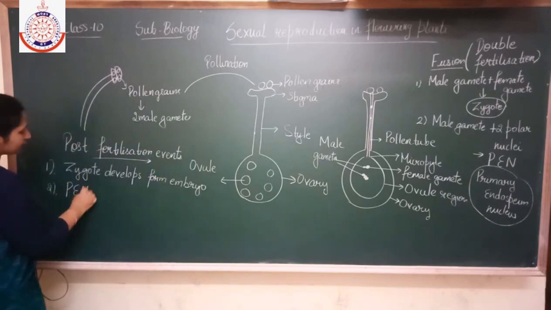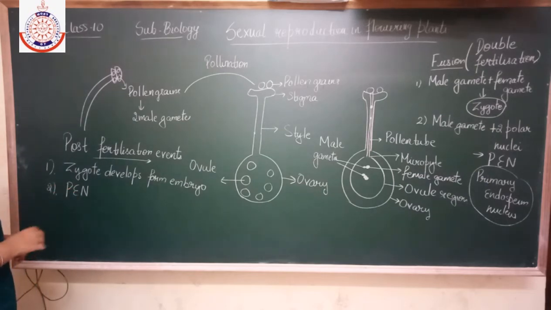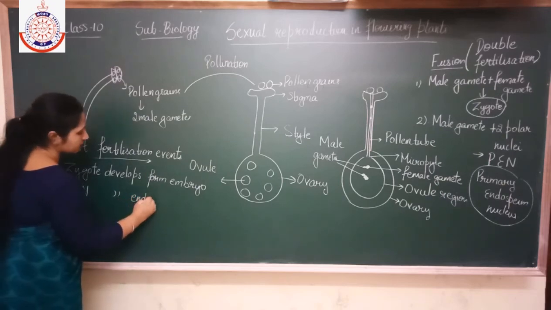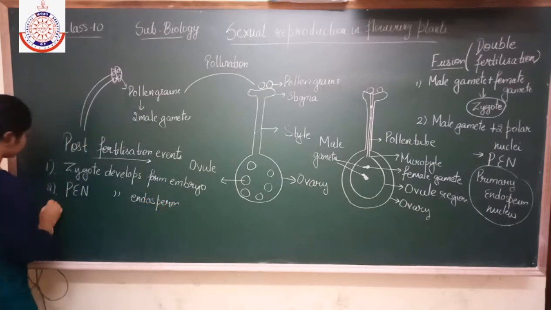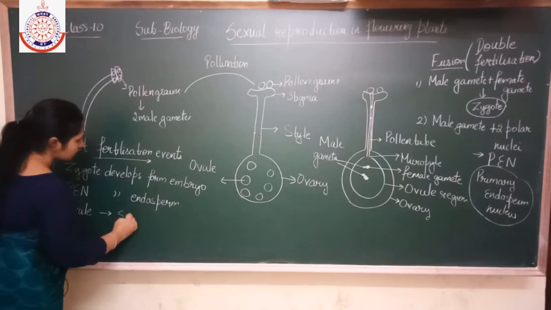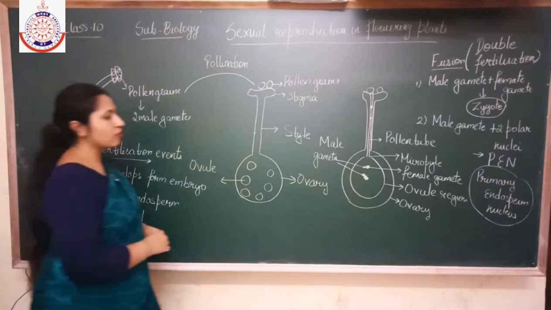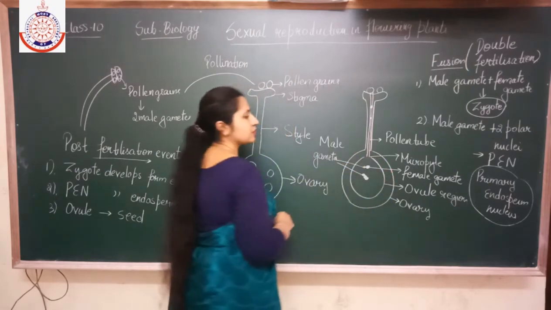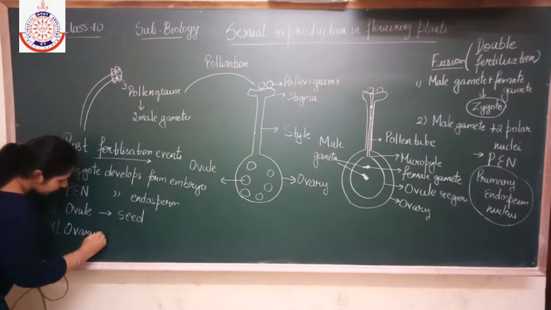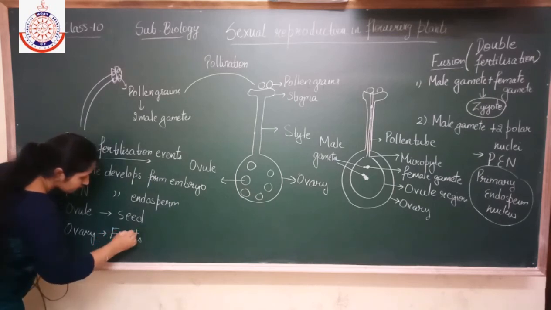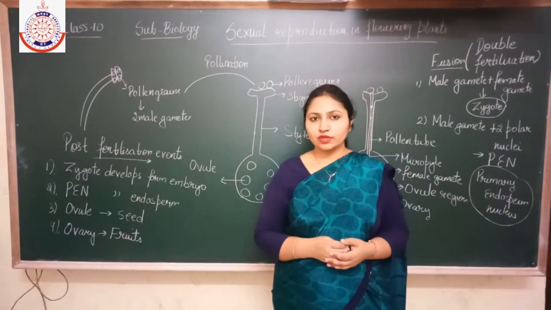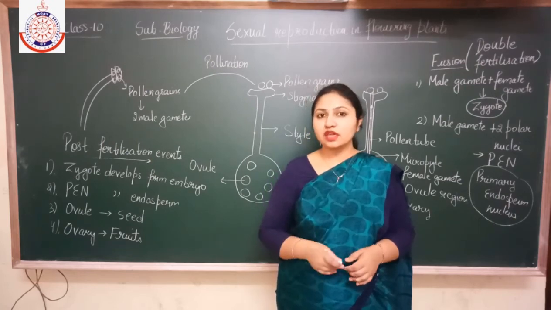Second, the PEN, also known as the triploid nucleus because three nuclei are present, develops into the endosperm. Third, the ovule develops into the seed. And the ovary forms the fruit, which contains the seed. From the seeds, you can germinate a new plant also.